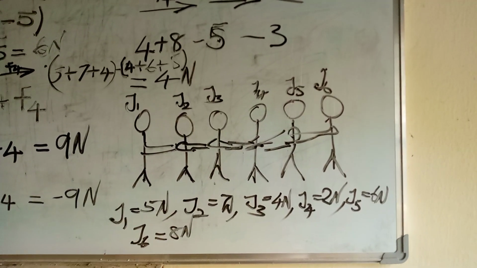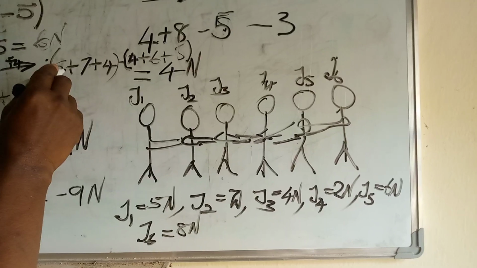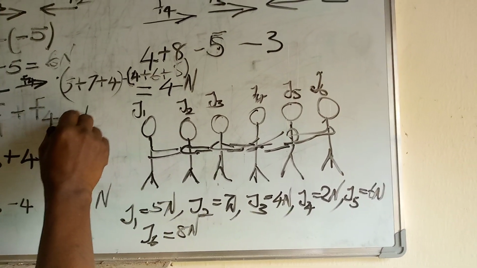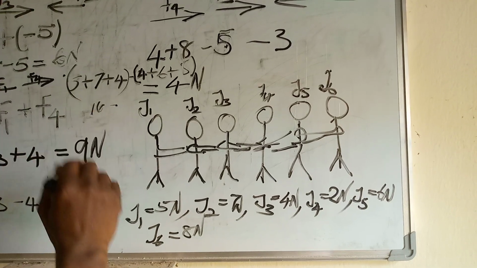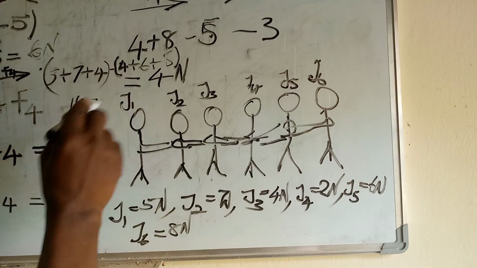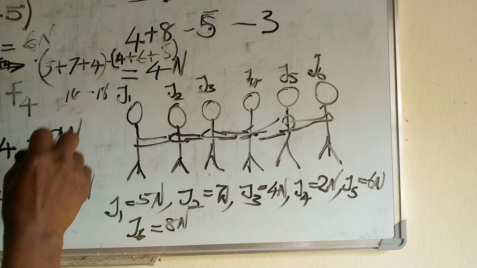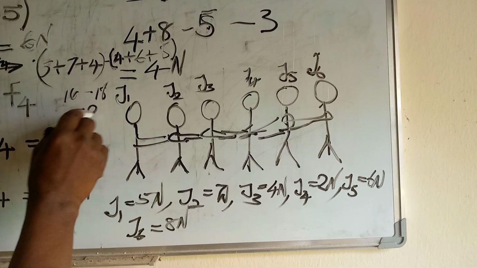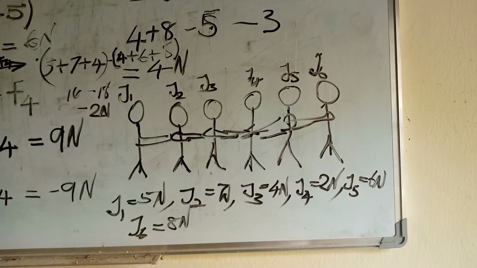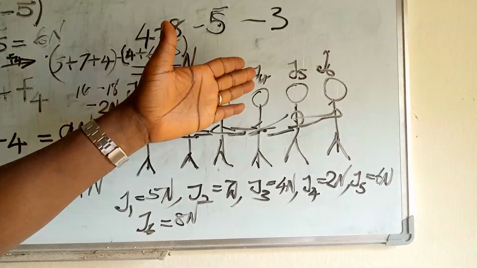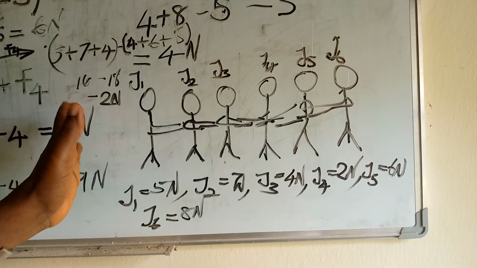We have 5 plus 7, that is 12, plus 4, that is 16, minus 4 plus 6, 10, plus 8, 18. 16 minus 18 will give you minus 2 newtons. So it shows that the group led by J4 will win.